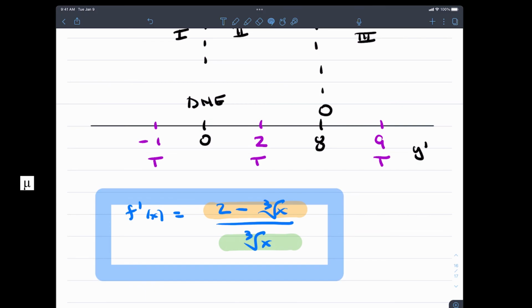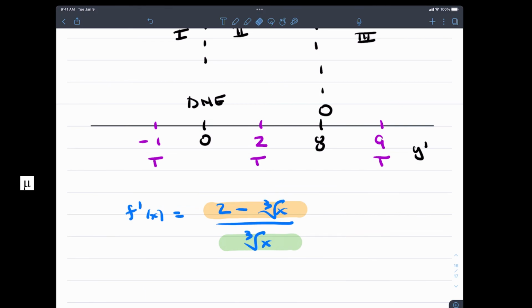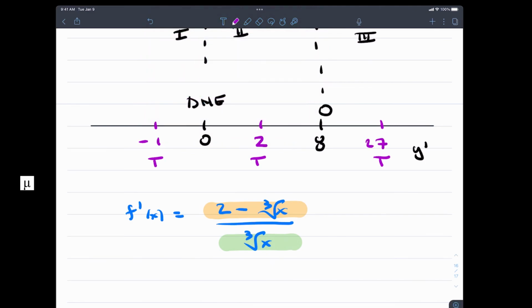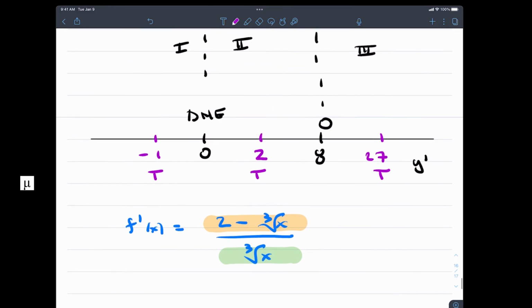Well, it's not going to work out nicely. I might use like 27. You say, that's crazy, you're going to go all the way to 27. There's a reason. You know why there's a reason?